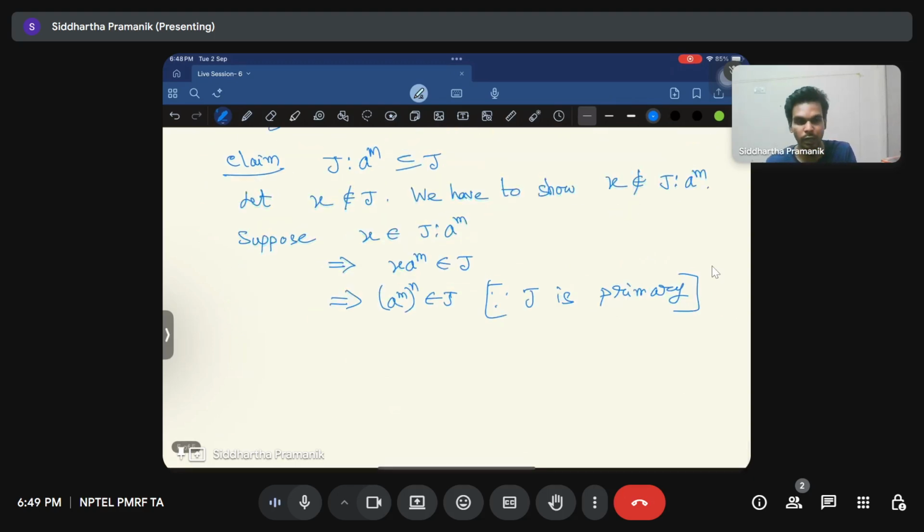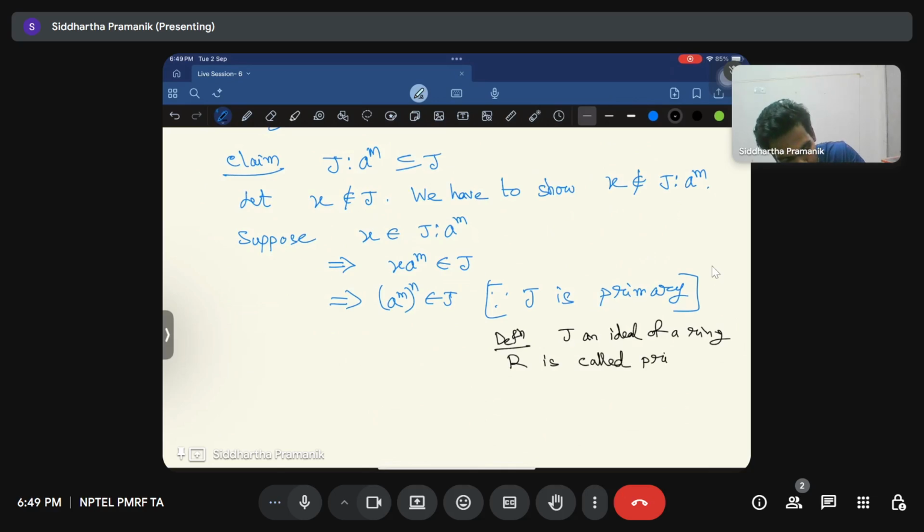Here we are using one definition of primary ideal, so I will write it here. J, an ideal of a ring R, is called primary if xy belongs to J implies x belongs to J, or y power n belongs to J for some n.